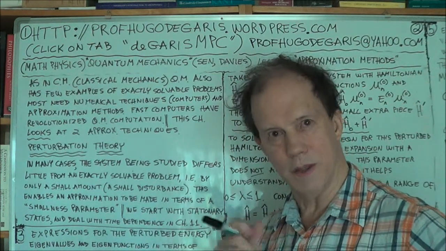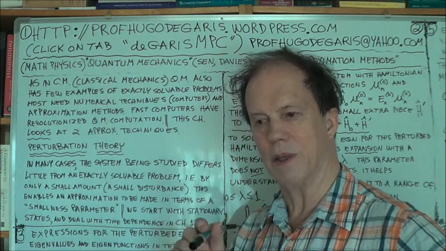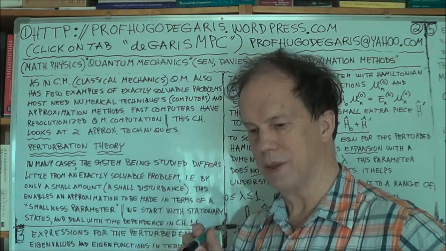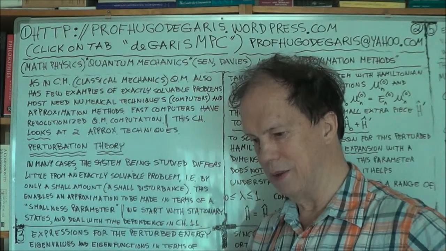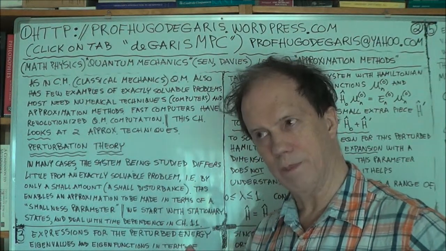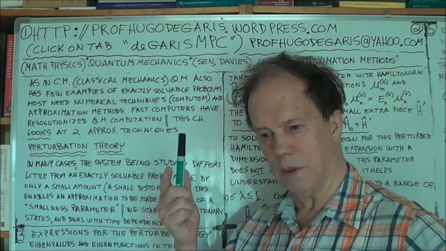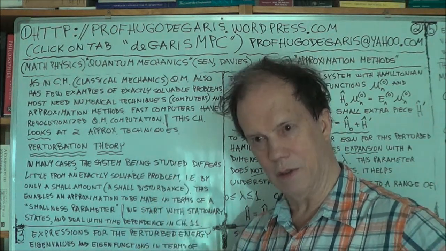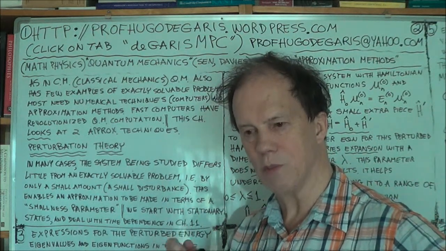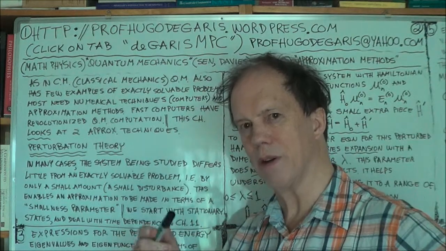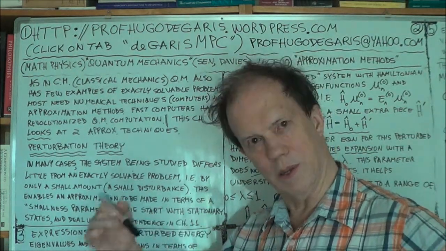And the eigenfunctions, similarly, they'll be of the form U0 plus lambda U1 plus lambda squared U2 ... And so you have your Hamiltonian, your eigenfunctions and your eigenvalues. They're all expansions in powers of lambda, right? Lambda and then lambda squared and so on.